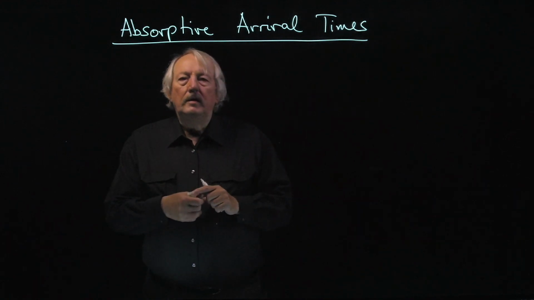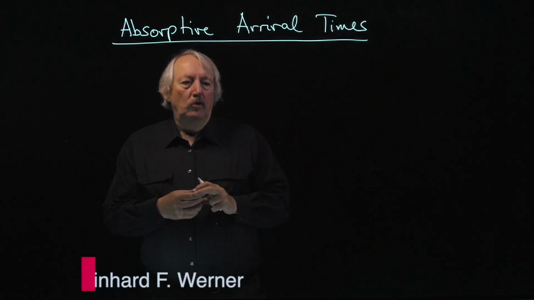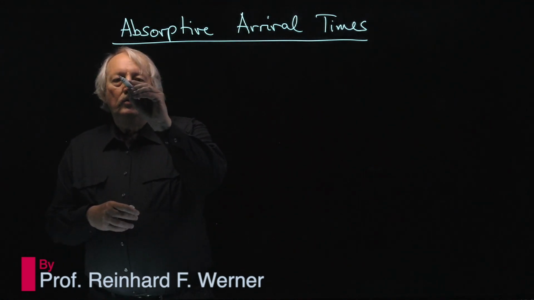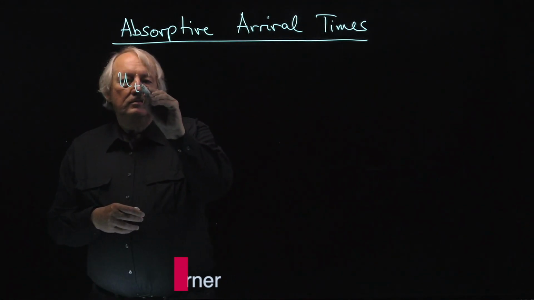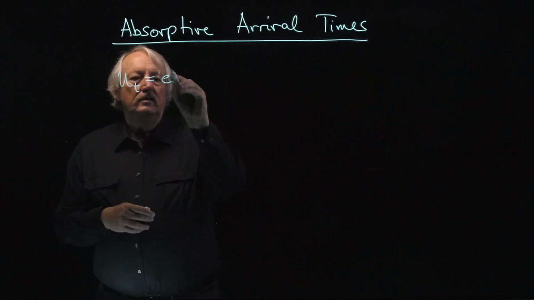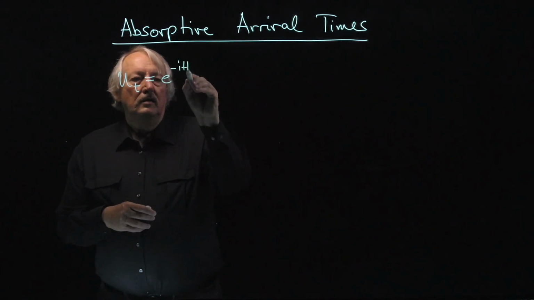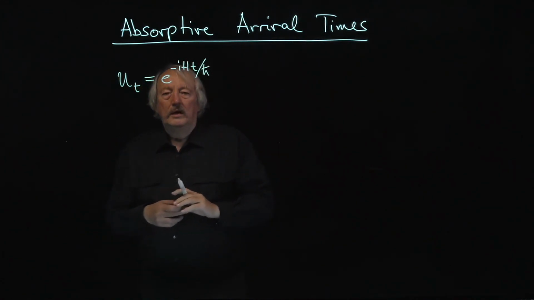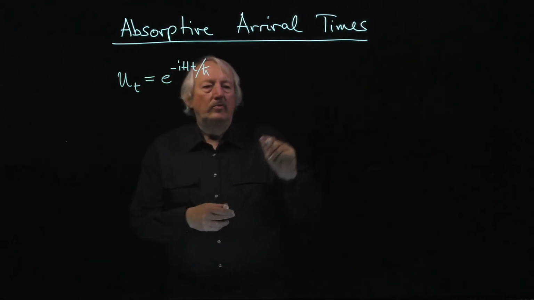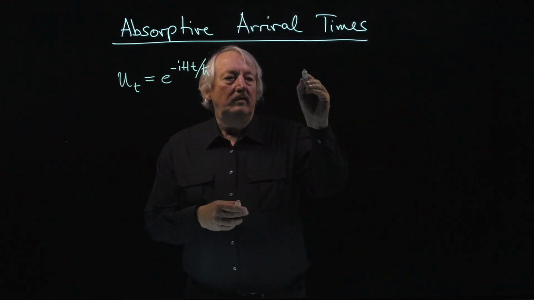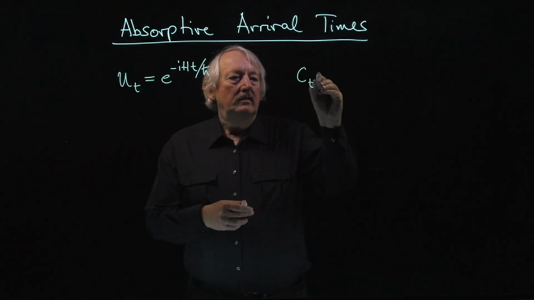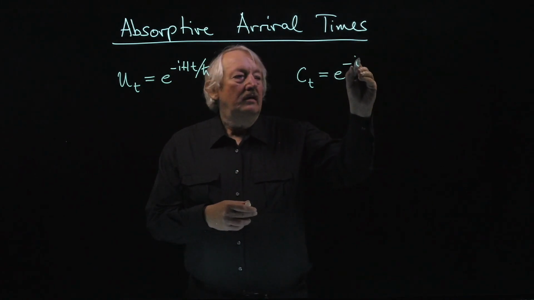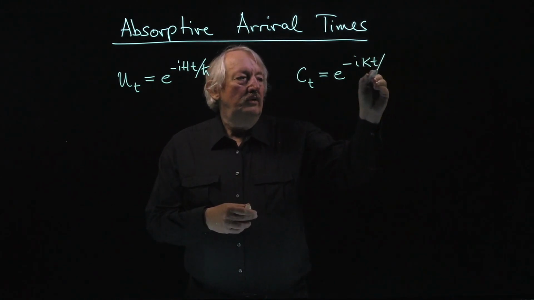So let me give you a little bit more detail about absorptive arrival times. Remember, the idea here was that we replace the standard time evolution operator of quantum mechanics by a semigroup that can be written as e to the minus i K t over h bar.